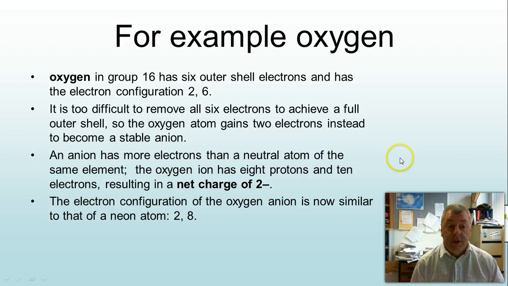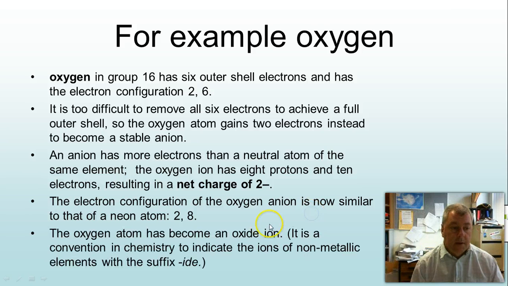Now the electron configuration of the oxygen anion is the same as the neon atom, its nearest noble gas, and that's 2,8. And the oxygen atom is now referred to as the oxide ion. We usually use the name, but we have an "ide" on the end of it, so oxygen becomes oxide.